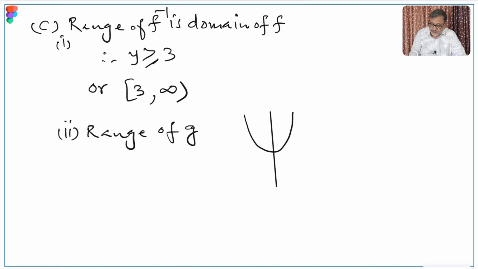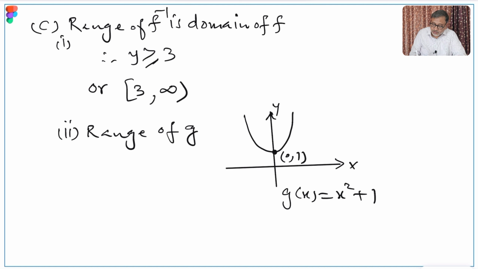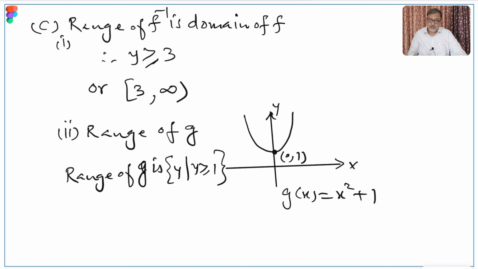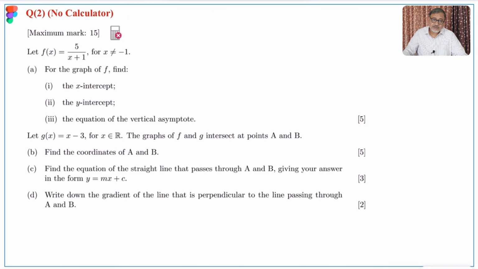Because the g function is x square plus 1, it will start from (0, 1). So what will be the range? Y greater than or equal to 1. So the range of g is all y values such that y is greater than or equal to 1. Right? Okay then.